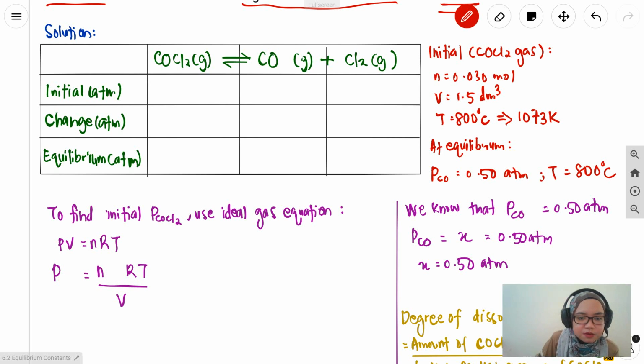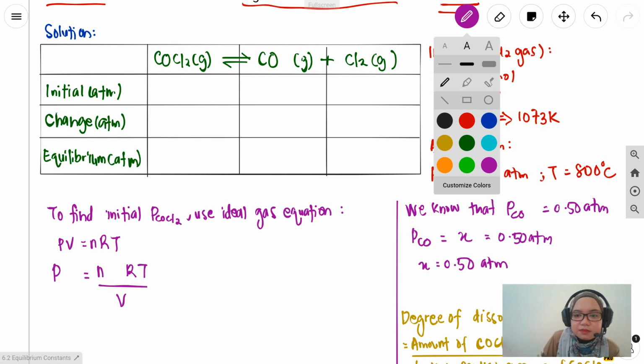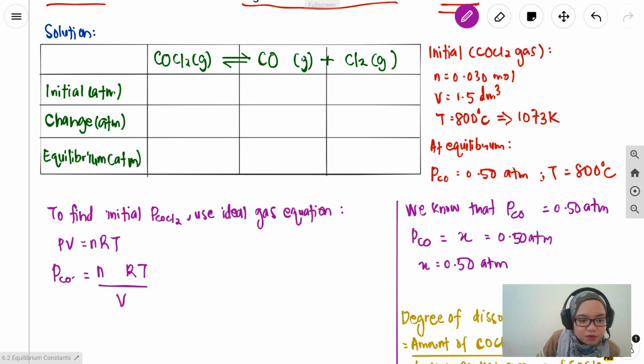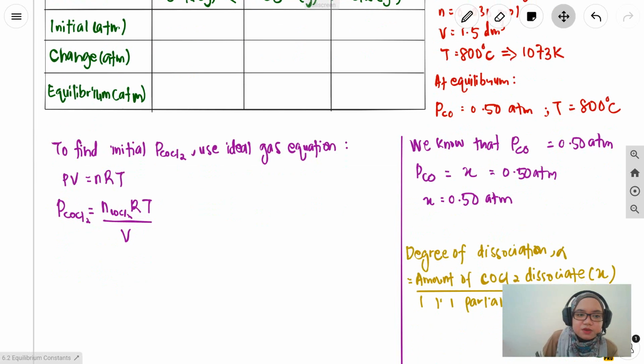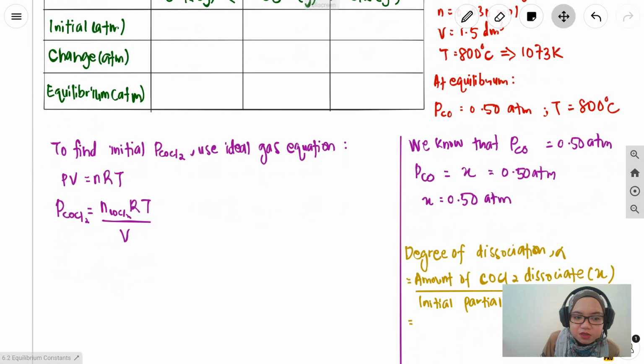That means COCl2. Okay. Oh my god. Okay, so now we find the initial partial pressure of COCl2.